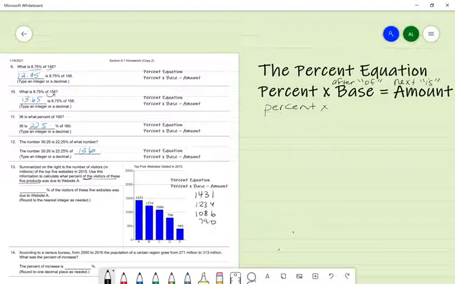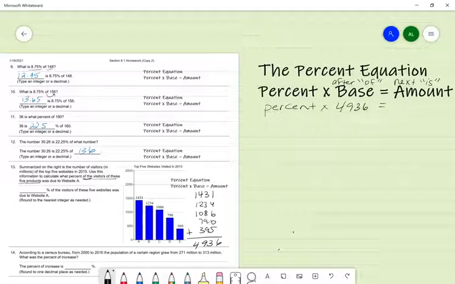Calculate the total of visitors from all 5 of those websites. So we're going to add these 5 numbers together. Since it's after the word of, that means that's going to give us our base amount. So after adding, we have 4,936. So the base is 4,936.